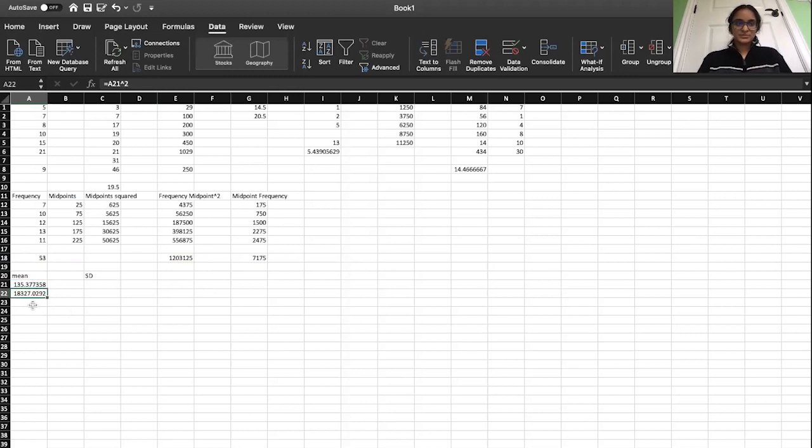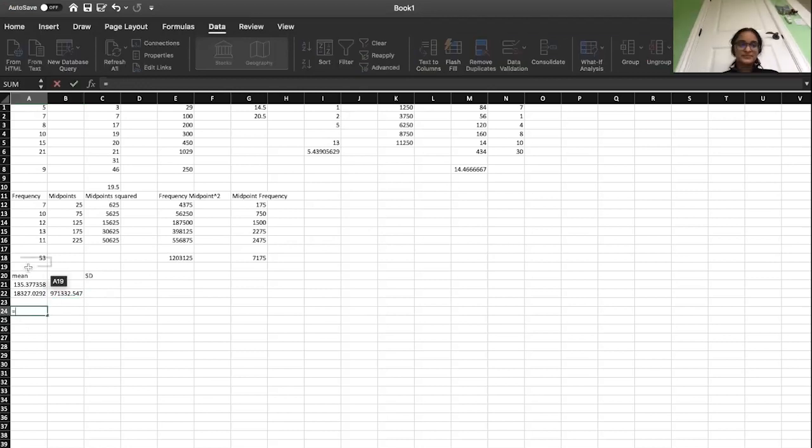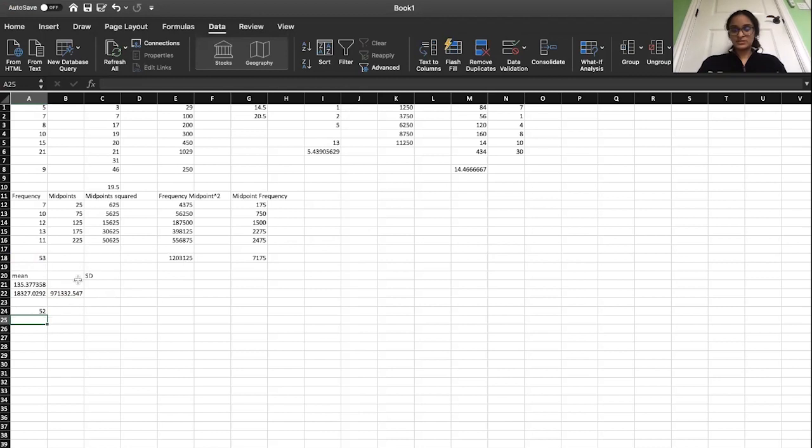And I can multiply that by our n. So that's our next number. And then the last thing that it asked us to do is divide by our total number minus 1, which is 52.